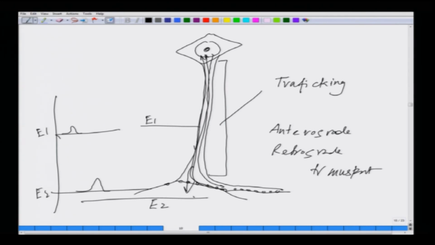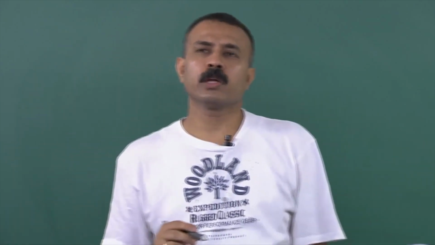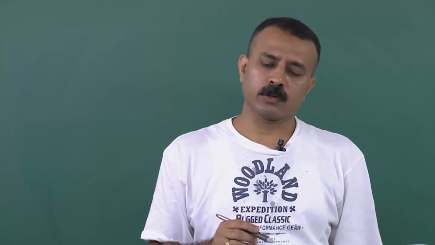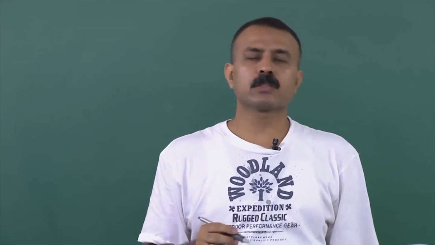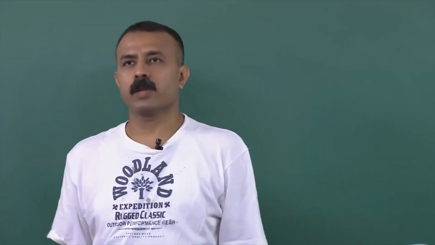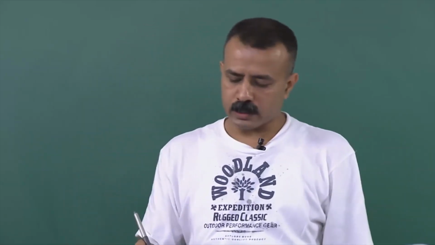Okay. And if you do not see such a signal, it means they may be physically close to each other, but there is no functional connection. These are acid tests of figuring out whether your motor neuron is sending a signal or not. But this takes us to another level of complexity, which I am going to deal with in the next class.